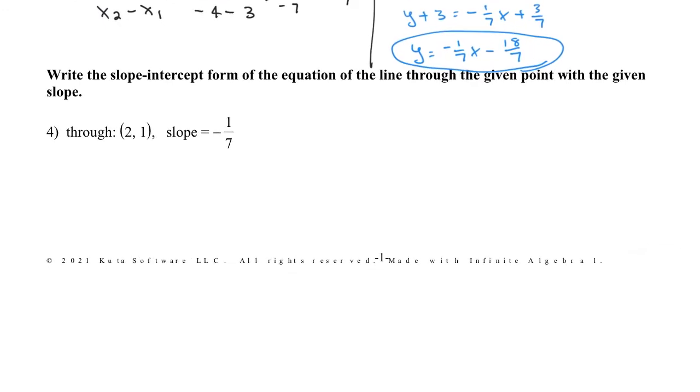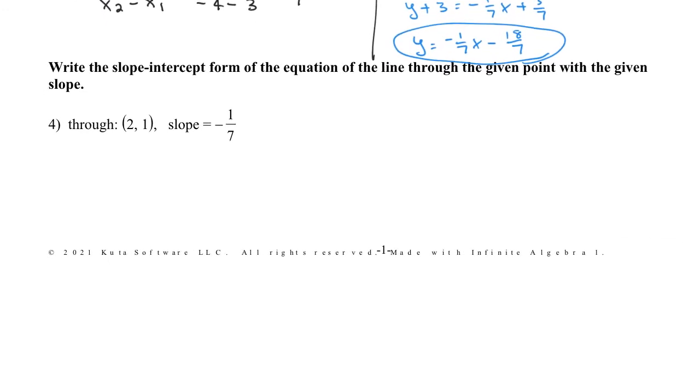Here's another one, pretty similar to the one that we just did. The difference is that we already have the slope, and we're finding an equation that goes through that point there. So again, we're going to use this formula, y minus y1 is equal to m times x minus x1. This would be our x1, y1, and that is our slope. So here I have y minus 1 is equal to negative 1/7 of x minus 2.